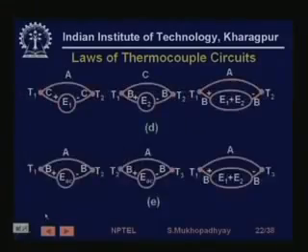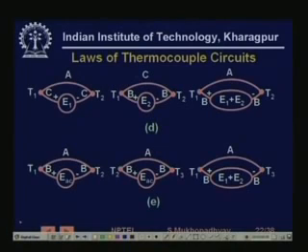Next, there are two rules: the law of intermediate metals and the law of intermediate temperatures. It says that if you have A and C, see these three cases, you have the same temperatures T1, T2, T1, T2 and T1, T2. So the temperature difference is the same. Now if you connect A and C, you get an EMF E1.